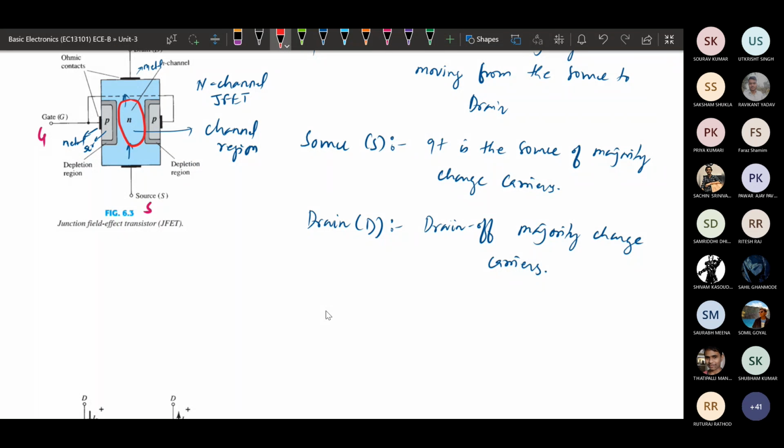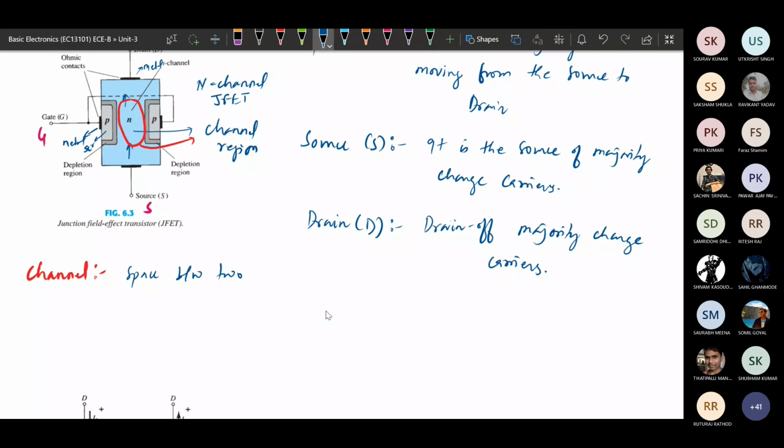This channel region is basically the region between these gates, the p type regions.